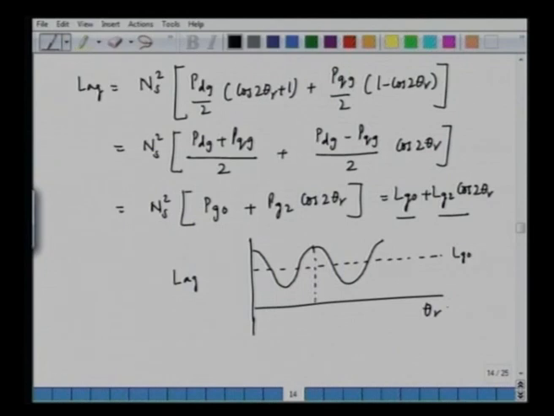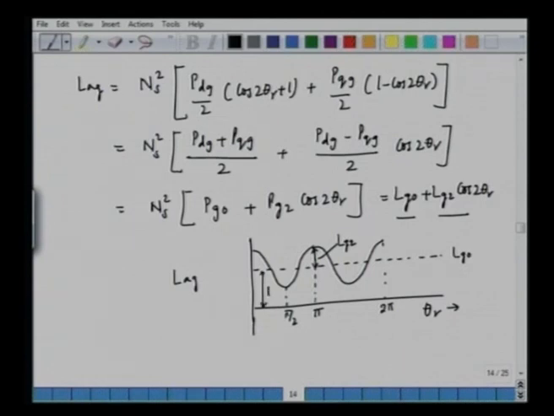This is the x axis, we have pi here, this is pi by 2, and this is 2 pi in radian, and then this will be Lg2. This amplitude is Lg2, because this is Lg2 into cos 2 theta r, and the base thing is Lg naught.